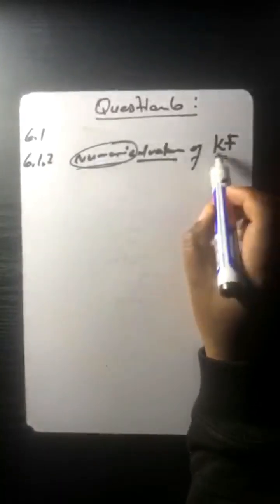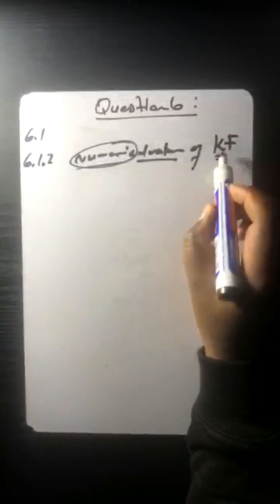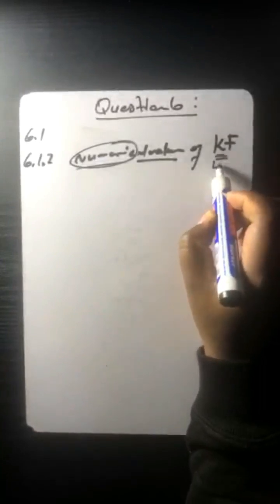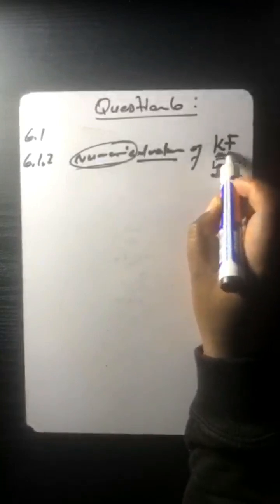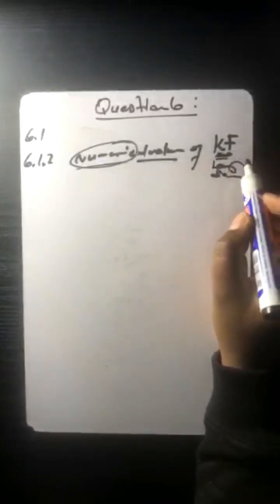So that means they want a number of KF. Mathematically, when something is written in capital letters, they're simply referring to the length or the distance between point K and point F. So you need to give the actual value.